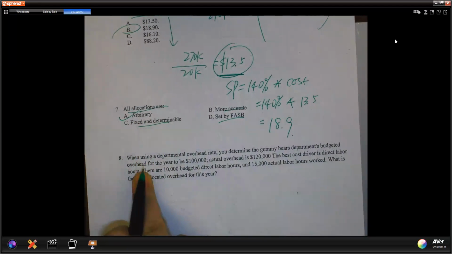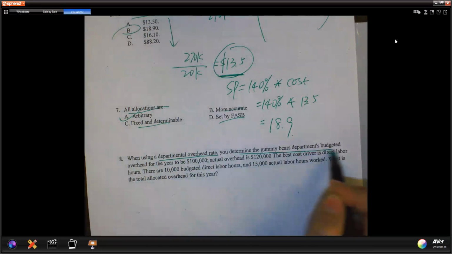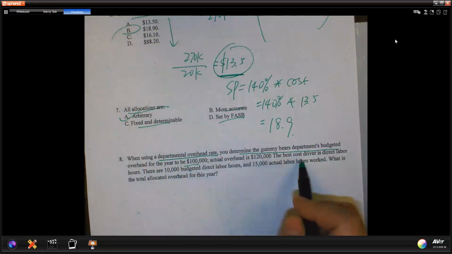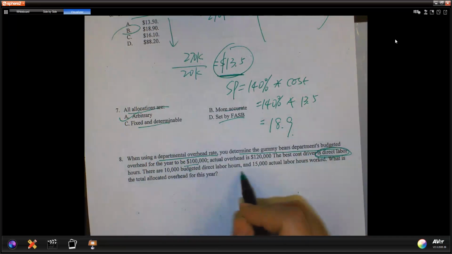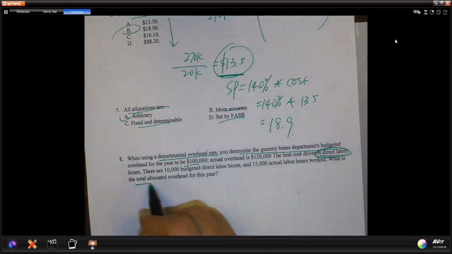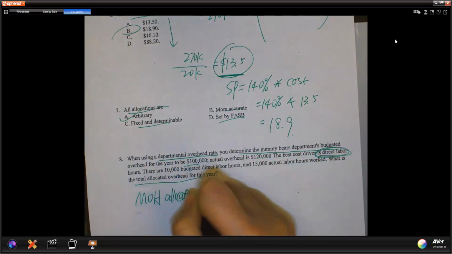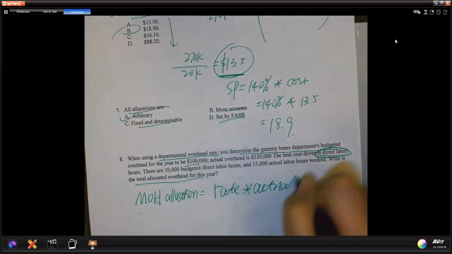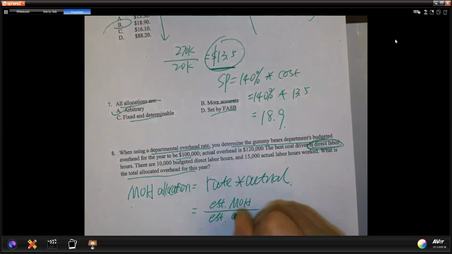Next one, using departmental overhead rate, you determine the gummy bear department's budgeted overhead for the year, the actual, and the best cost driver is direct labor hours. What is the total allocated manufacturing overhead? Manufacturing overhead allocation is your rate times your actual cost driver. The rate is your estimated manufacturing overhead over your estimated driver.